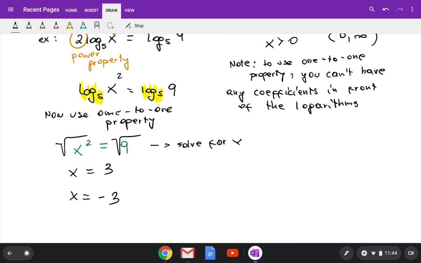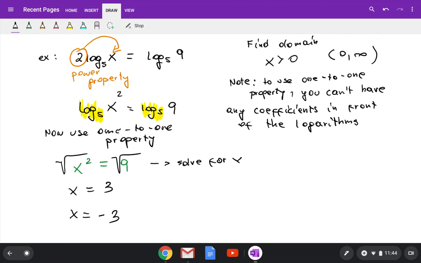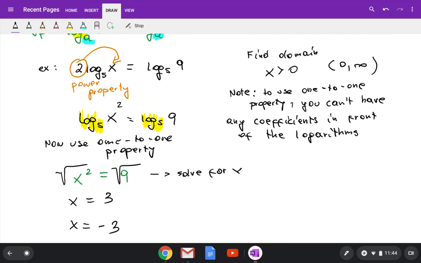When you have two solutions, you always have to check if they both are solutions or maybe one of them is extraneous. The domain is all the x's greater than 0, which is from 0 to positive infinity, which means x equal 3 is the solution.